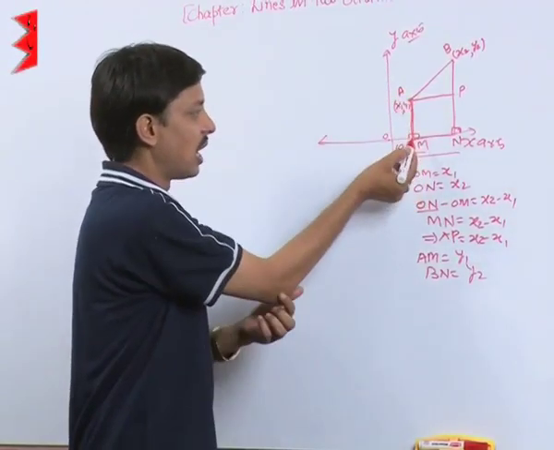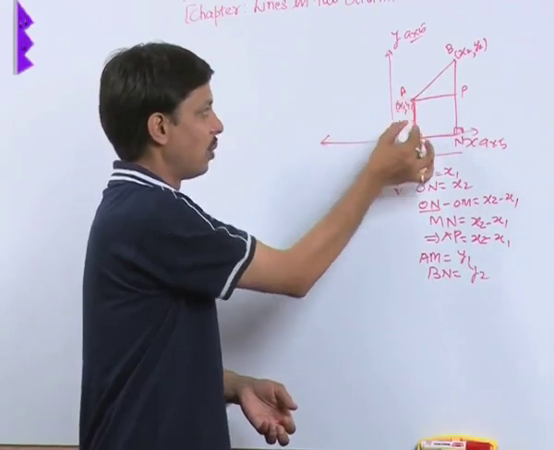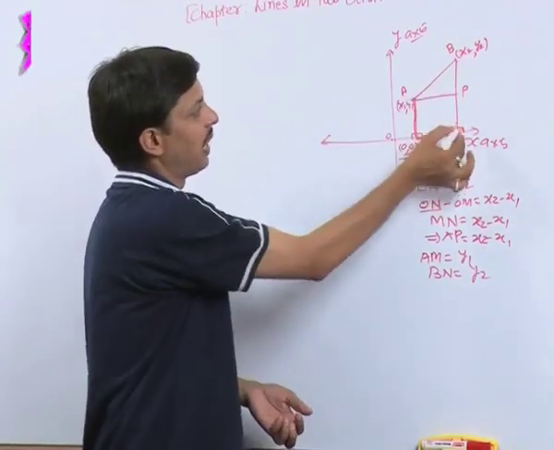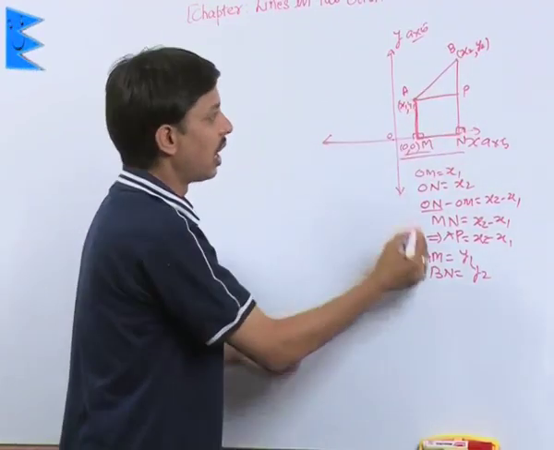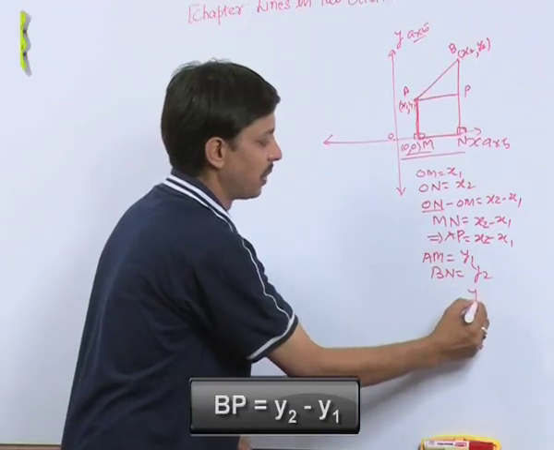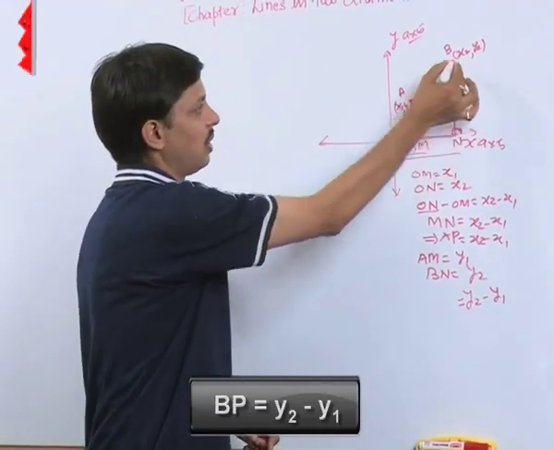What is y1? The height of the point from the x-axis, and that is AM. And the height of point B from the x-axis is BN.